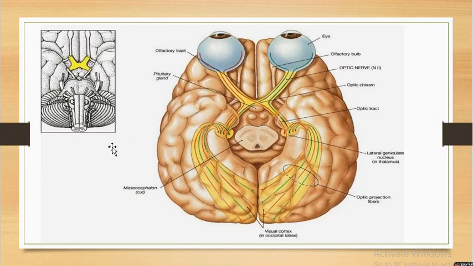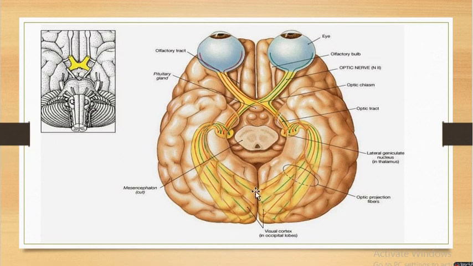So this is the picture in which you will see the optic tract system, right eye and left eye, and the optic chiasma. This is the pituitary gland, and this one is the optic chiasma, and then there is the optic tract. This is the optic tract, this is the optic chiasma, and they finally reach where? In the occipital region.